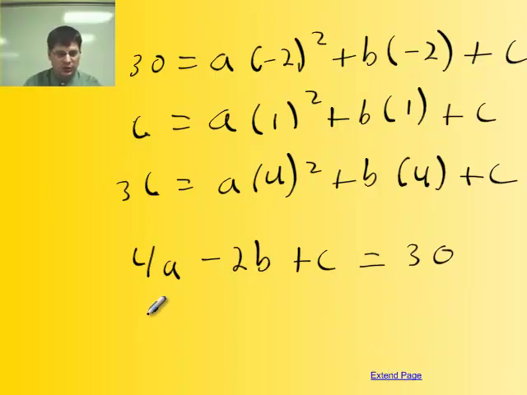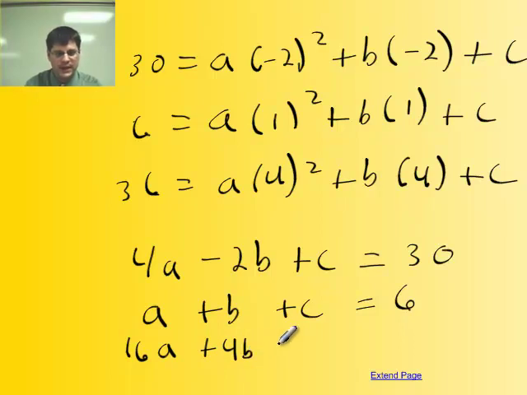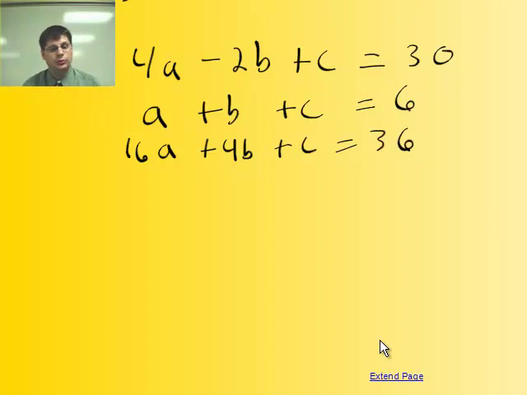Then the second equation will just have a plus b plus c is equal to 6. Then the last one, we will have 16a plus 4b plus c equals 36.